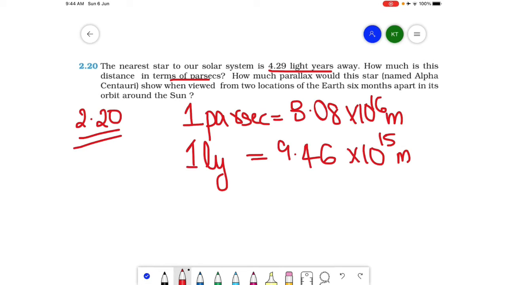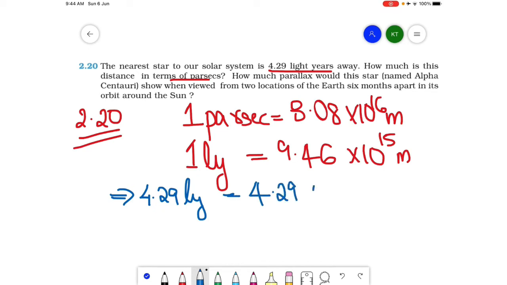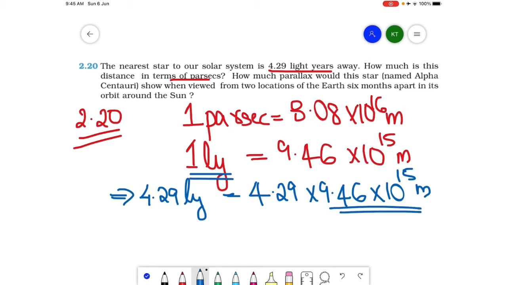Now I have to convert this into parsecs. Okay. So in the question we've got 4.29 light years. So therefore this would be equal to 4.29 into 9.46 into 10 power 15 meters. Right? Substitute 1 light year here. So now we've got it in meters.